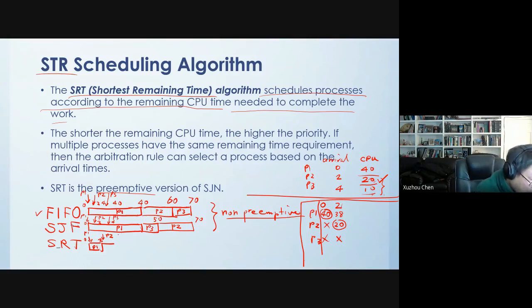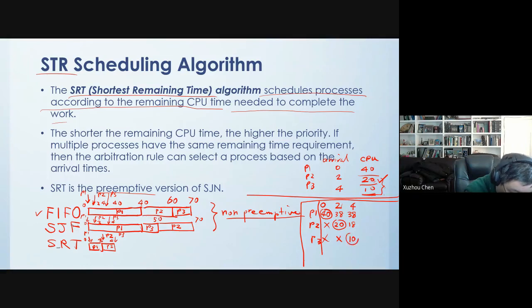Okay, so P2 takes the CPU, and then at time 4, P3 arrives. When P3 arrives at time 4, P1 still has 38 time units remaining, P2 now has 18, and P3 has 10, because based on the table, P3 has a CPU time of 10.